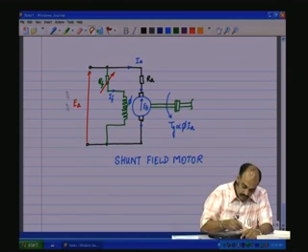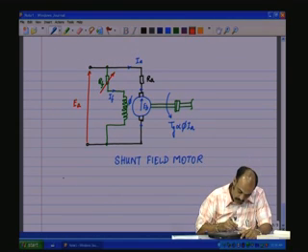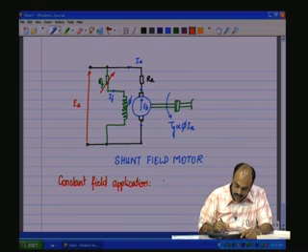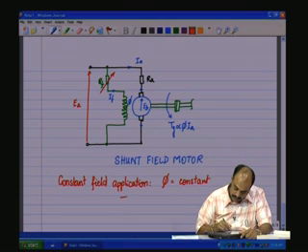So, in the case of a constant field application, phi is a constant, then Tg becomes proportional to only Ia.